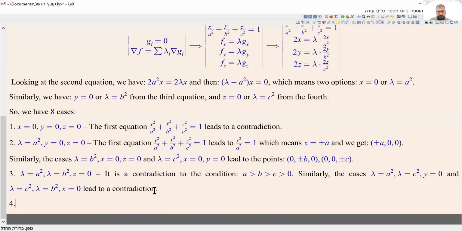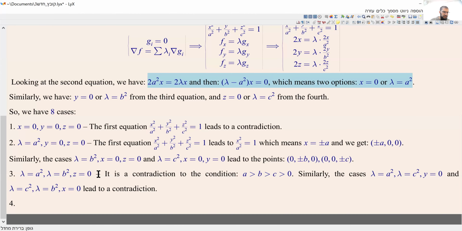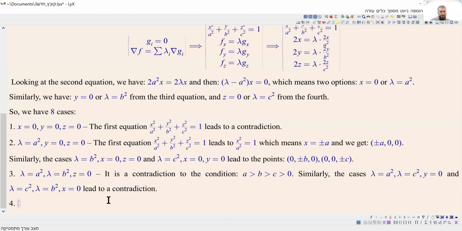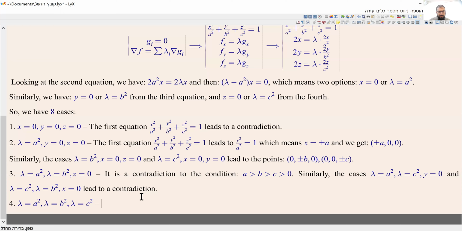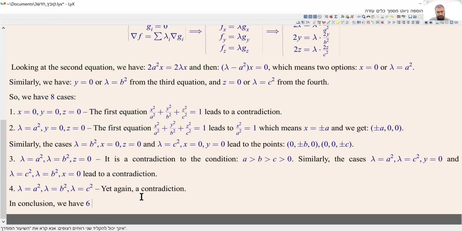And the first type of options is basically the same, where one of the equations is solved by the lambda. Again, contradiction. So, in conclusion, we have 6 suspect points.